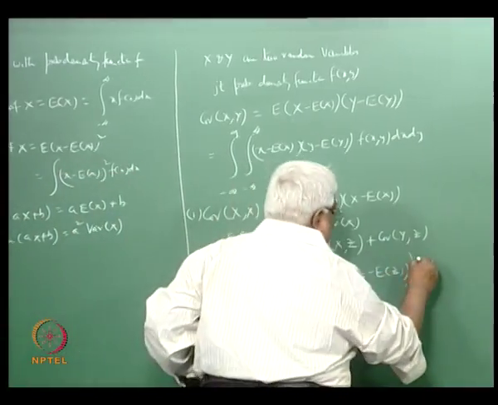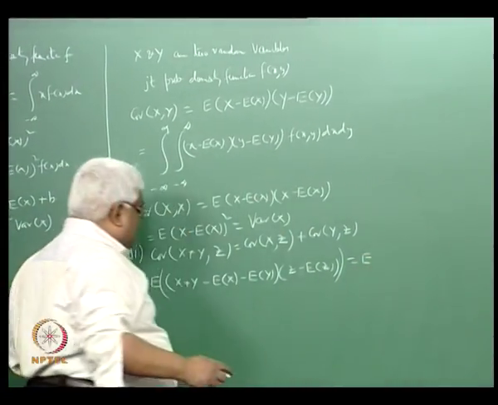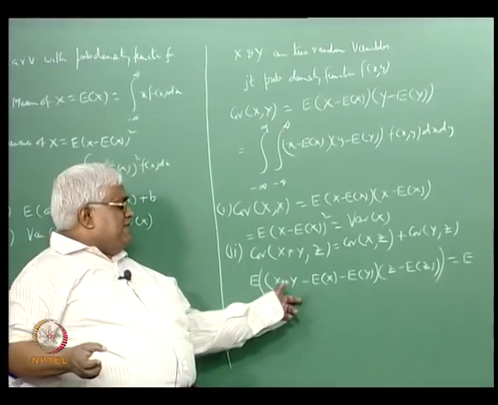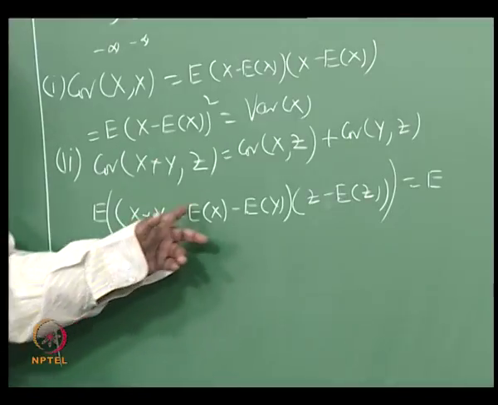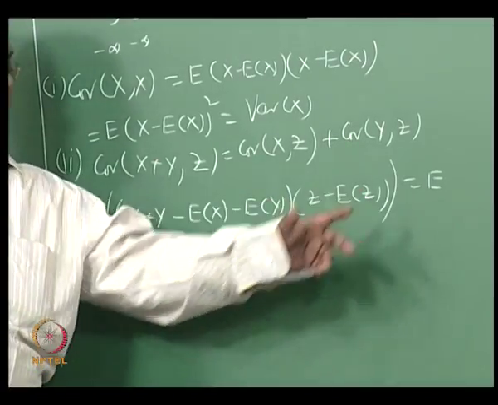So, this is nothing but expectation of x minus expectation of x into z minus expectation of z, plus y minus expectation of y into z minus expectation of z.